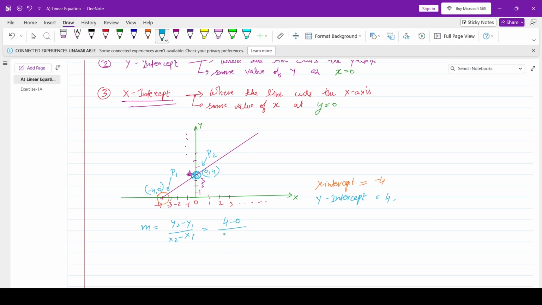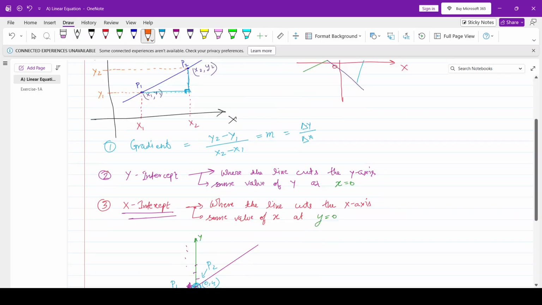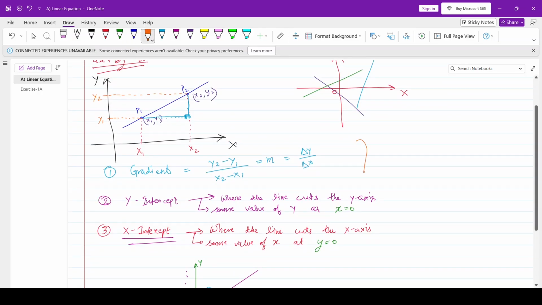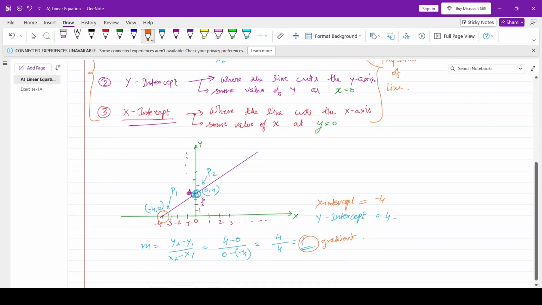Similarly, x here is 0 and x here is -4. Solving this equation, we get 4 divided by 4, which is 1. So our gradient is 1 here. These three collectively are called the properties of line.